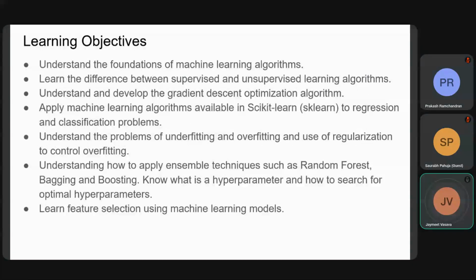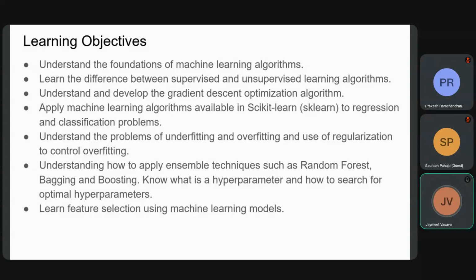So, first, the objective for today's session: we'll start with foundations of machine learning or the categories of ML, then discuss the supervised and the unsupervised learning, discuss the cost function and how the optimization algorithms like gradient descent help us in optimizing our model, minimizing the cost function, and then we'll be using scikit-learn's regression to build a model.